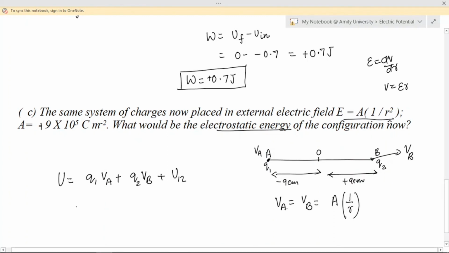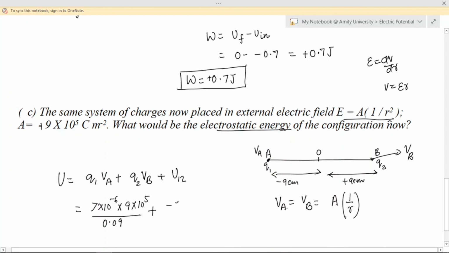Now we get Q1 times VA, where Q1 is 7 microcoulombs, times VA, which is A, that is 9 times 10 raised to the power 5, upon r, that is 0.09 in meters, plus Q2.